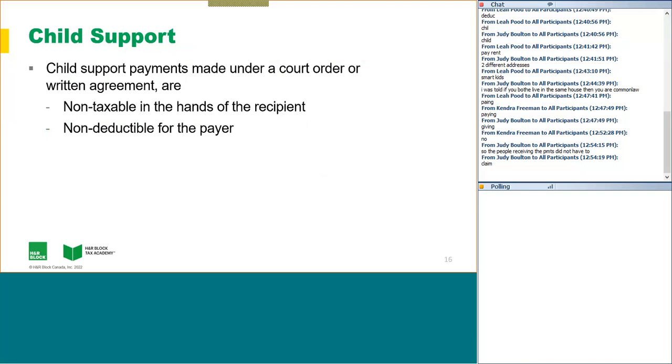If you started paying the child support before May 1st, 1997, and it has never changed since then, it hasn't gone up, it hasn't gone down, it hasn't stopped, if it is still pursuant to the same order and that order has had no changes to it since then, it is taxable and it is deductible.